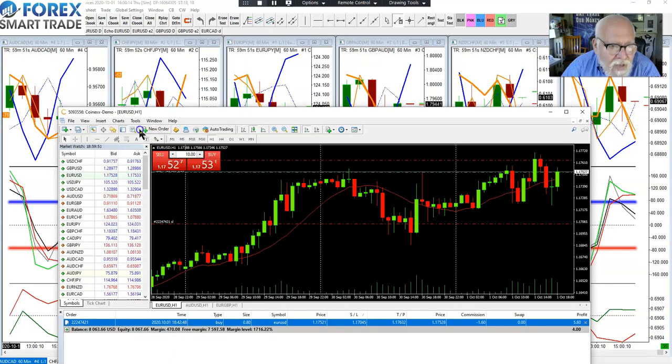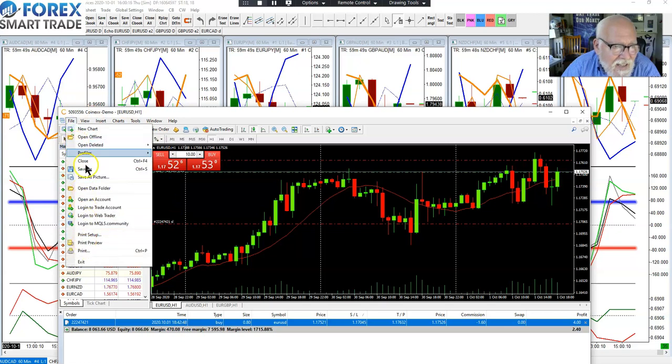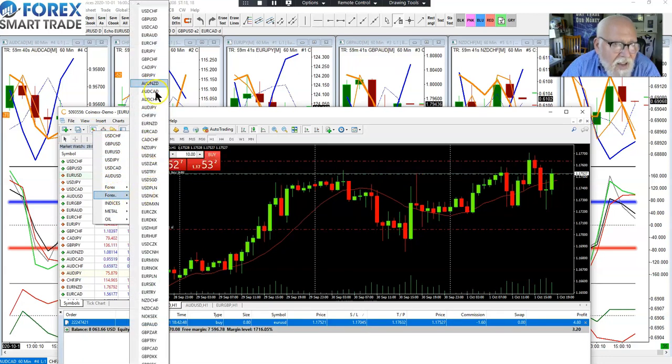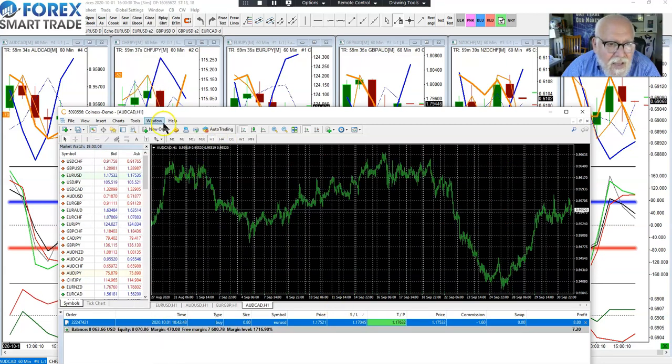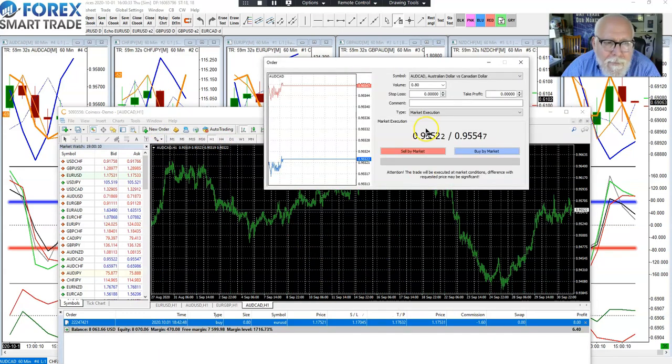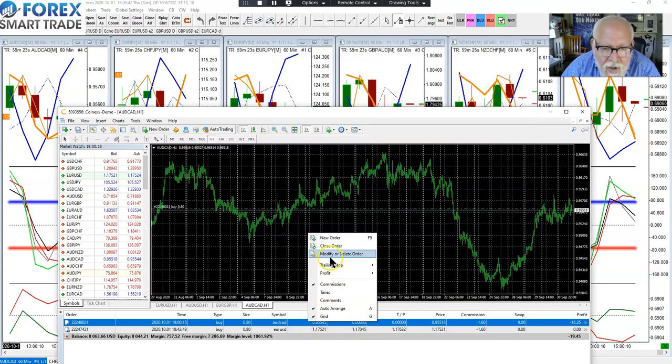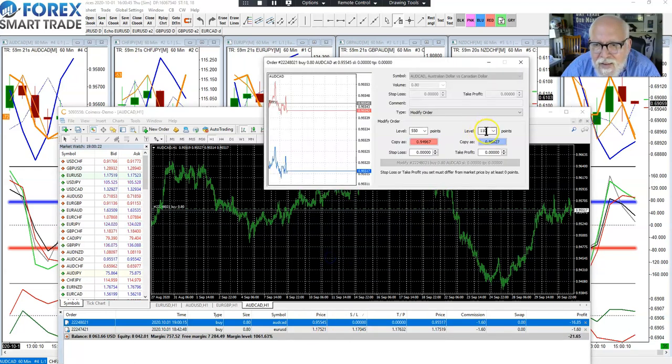So let's do that. AUD CAD. New chart. Not there. AUD CAD. And I'm going to take a 5 pip buy. So market execution. I'm going to come down here and modify: 5 pips with a 20 pip stop loss, which is 200 points.